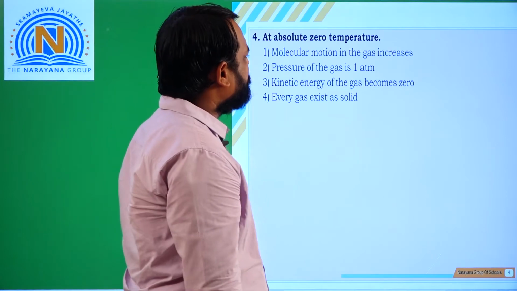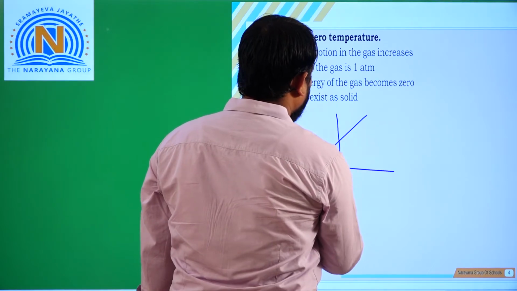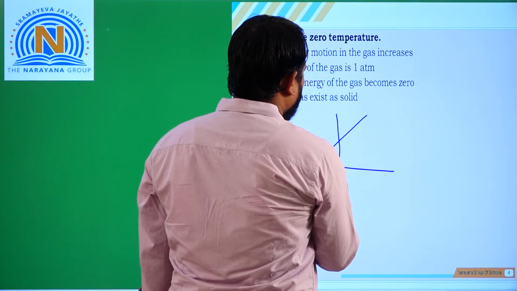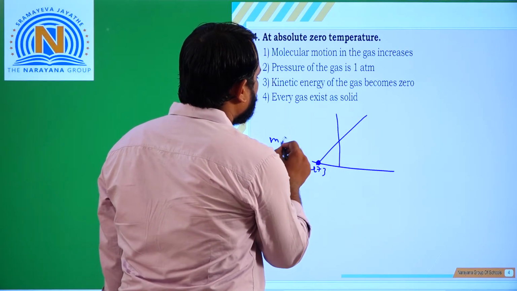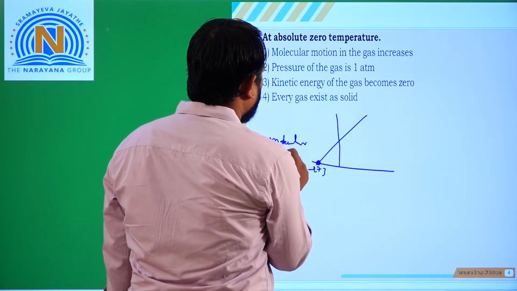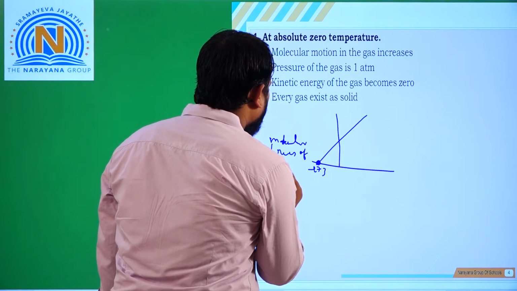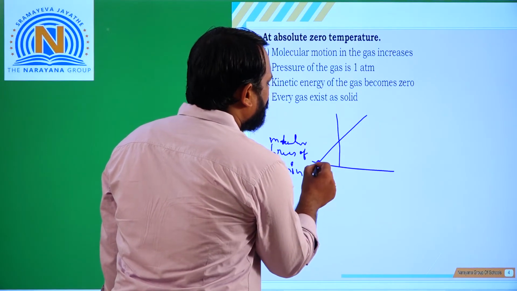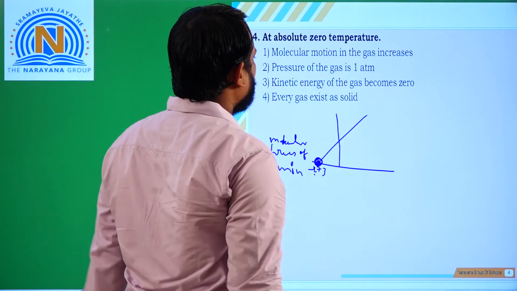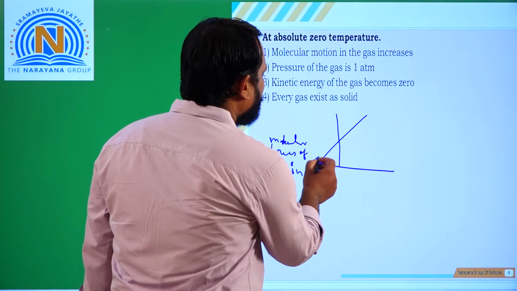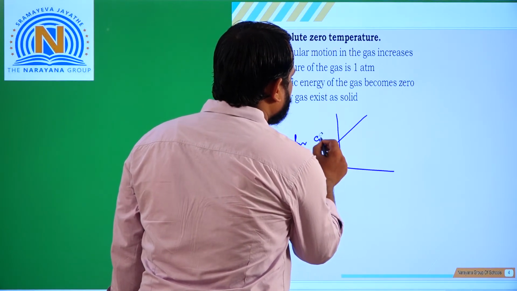At absolute zero, what happens? Generally we think that all the molecular forces are decreased to a minimum. That means all the energies are ceased.